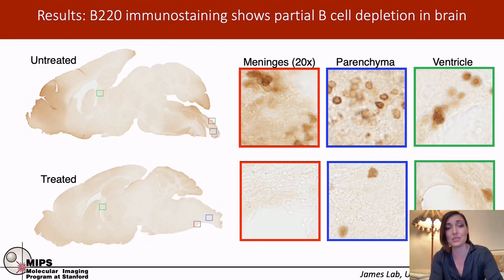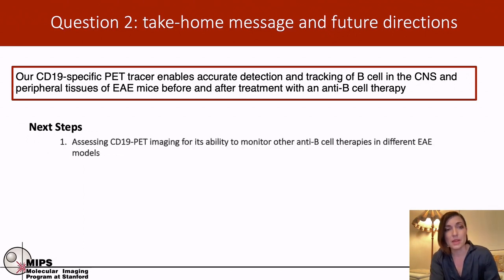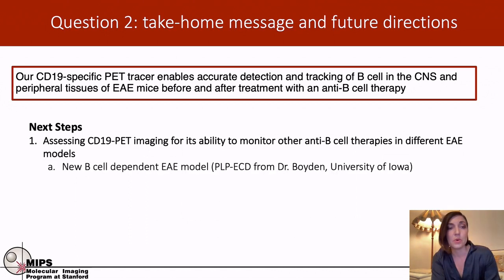In any case, this did shed some light on why some of the mice were still sick. And so we're excited about that, because it seems that we have an imaging approach that really allows us to shed light on the whole body and brain adaptive immune response in the context of EAE and hopefully MS. So what we're doing is we're assessing this in other EAE models at the moment.